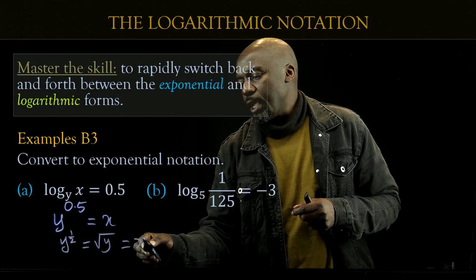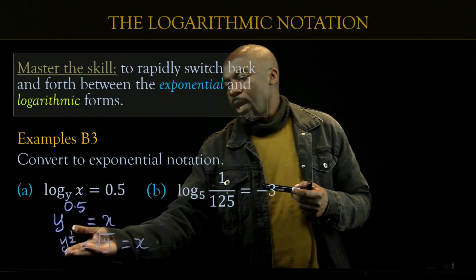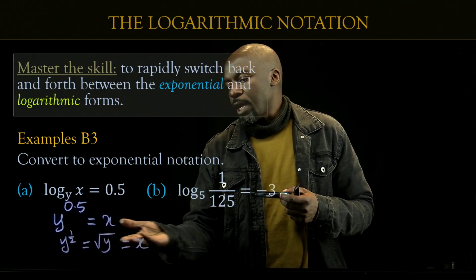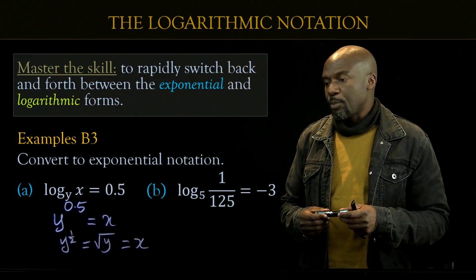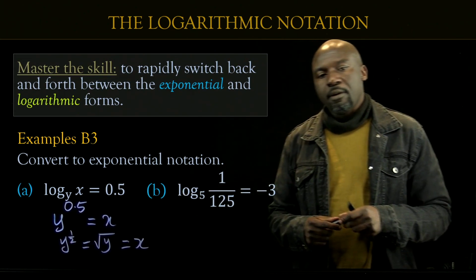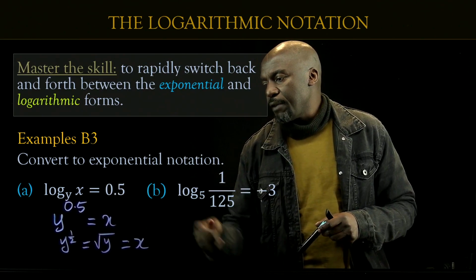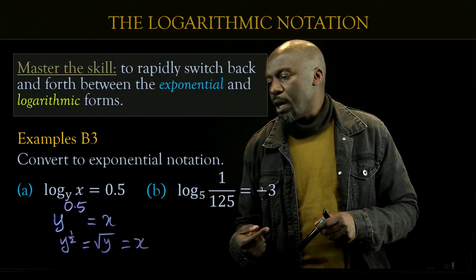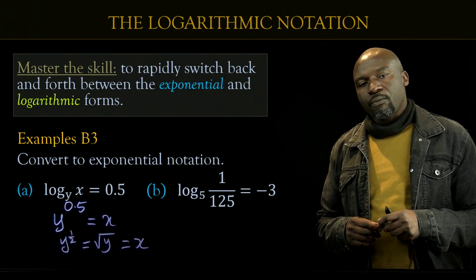So either way, whichever way you write it, it's all fine. So y power half is x, or the square root of y is x. We know this from our understanding of exponents. So writing that would be fine. Any of the forms, whether you write y power 0.5 is x, or y power half is x, or the square root of y is x, all that is fine.